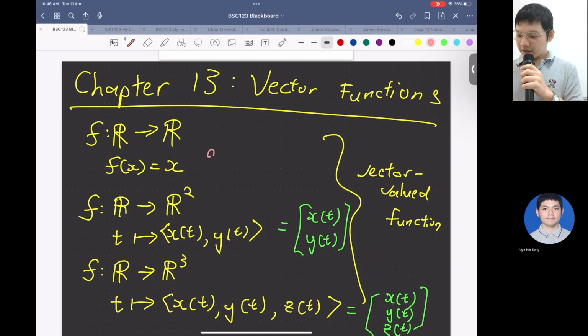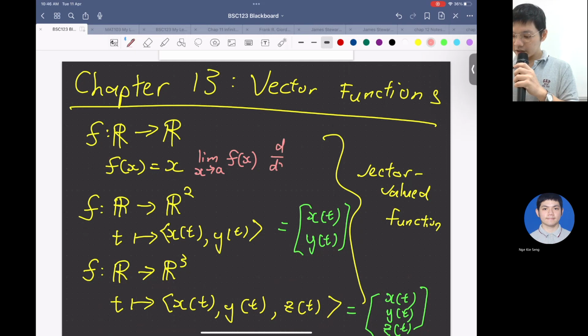In this course, first of all, we will take limits. In Calculus 1, you learned how to take limits on one-variable, one-dimensional functions, and then you also learned how to do differentiation and integration.